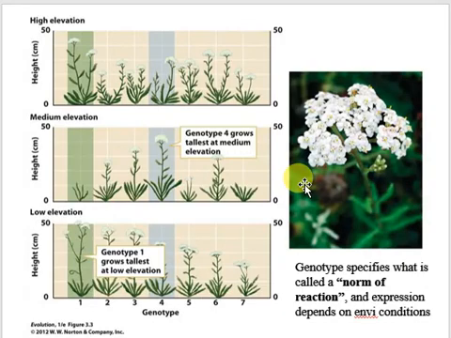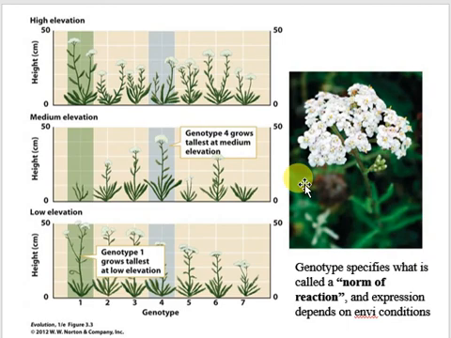With these kinds of interactions, where phenotypic expression in part depends on environmental condition, we get the production of something called a norm of reaction.